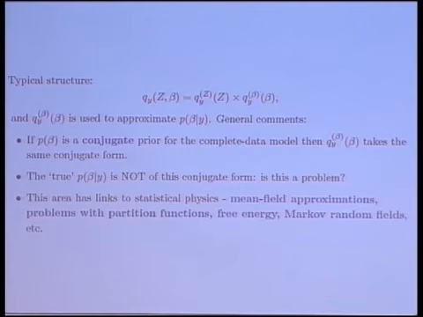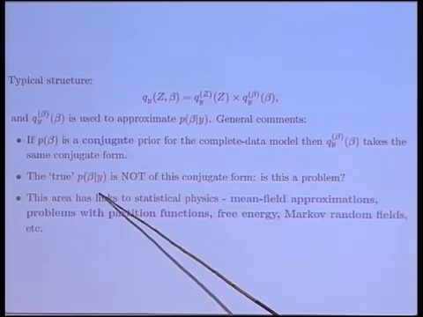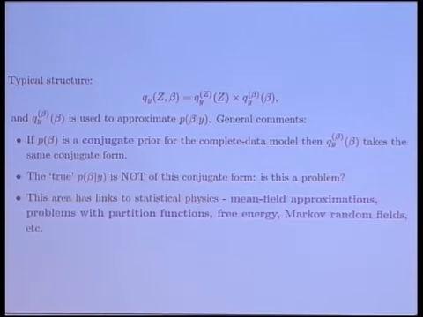And that's what's called conjugacy. There are lots of examples in what are called exponential family distributions where you have conjugate distributions. And it turns out that in the variational approximation approach, if we have that conjugacy here, then the beta factor takes that conjugate form. And it's just a matter of saying, well, which particular member of the conjugate family have we got here? Problem: the true thing we're aiming at is certainly not of this conjugate form.